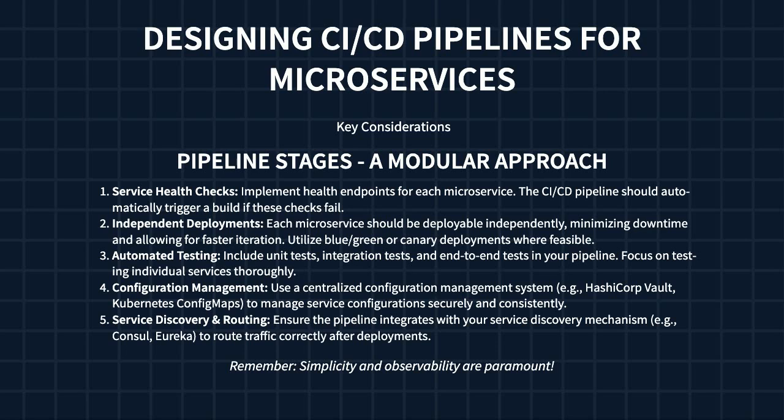Testing is crucial. Automated unit and integration tests for each microservice are a must. And don't forget about managing your service configurations centrally. This keeps things consistent and secure. Finally, make sure your pipeline integrates with your service discovery system to ensure traffic gets routed correctly after any changes.